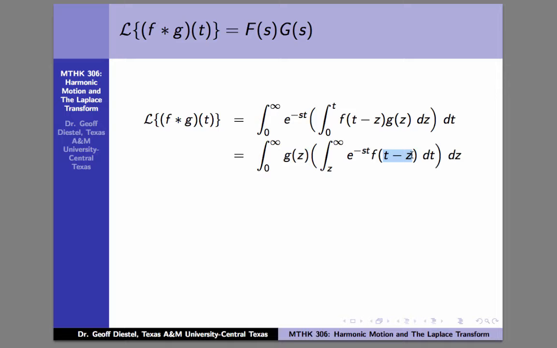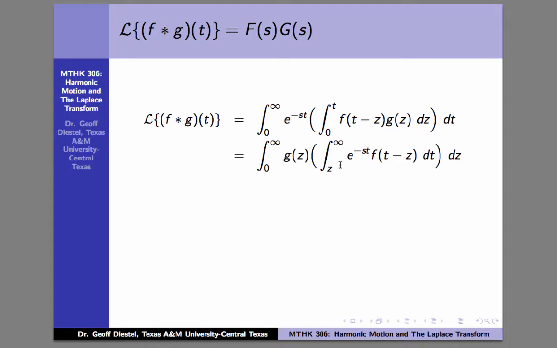So if y equals t minus z, then dy equals dt, because z is a constant. The derivative is 0. So dt is going to become dy. This t minus z is going to become y. And this t up here, in the exponential, is going to become y plus z. Just think about it: if y is t minus z, then t is y plus z.